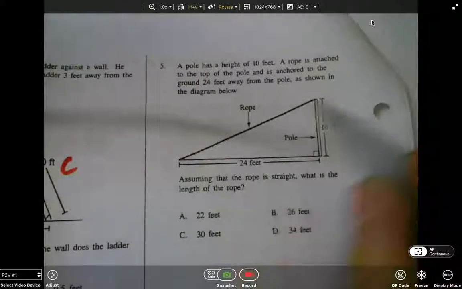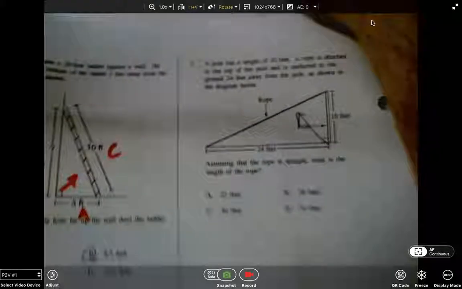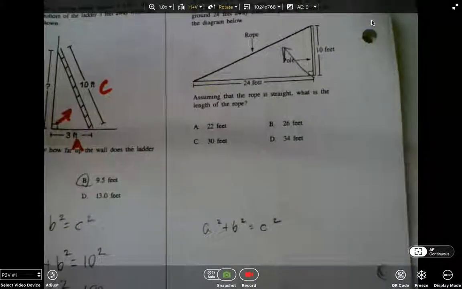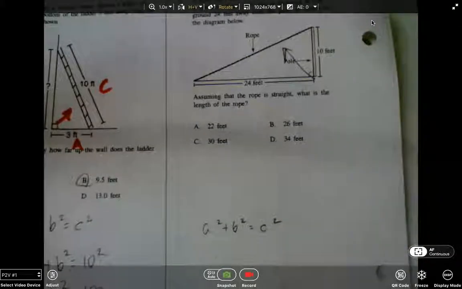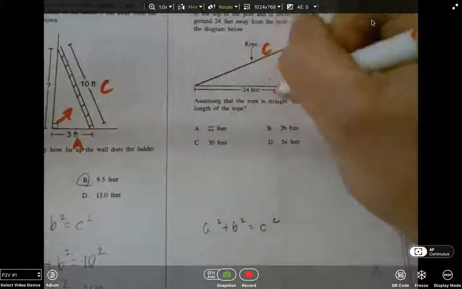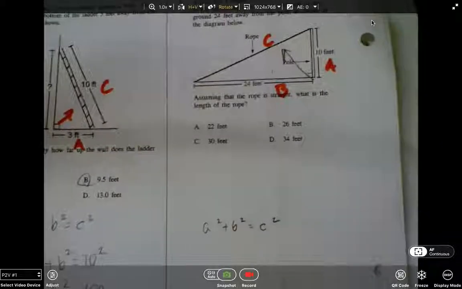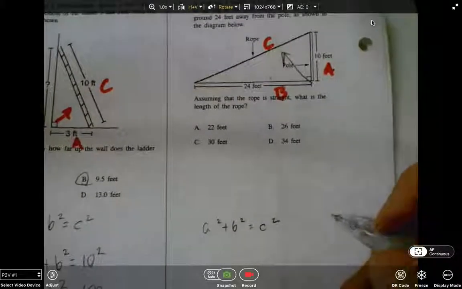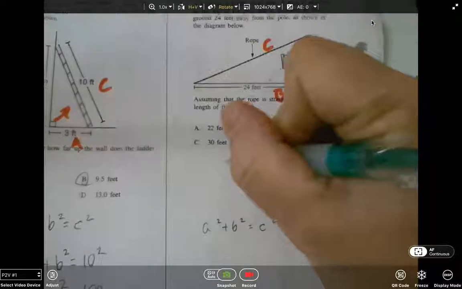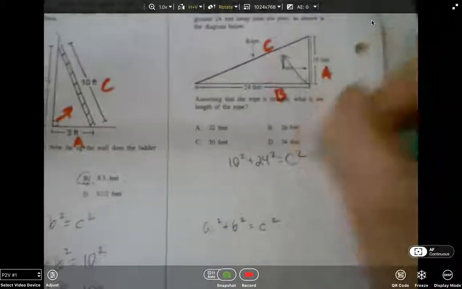Similarly in number 5, you're looking for the length of this rope. Again using the Pythagorean theorem, a squared plus b squared equals c squared, we label our sides again. This is C, the longest side opposite the 90-degree angle, and call these A and B. So I get 10 squared plus 24 squared equals c squared.